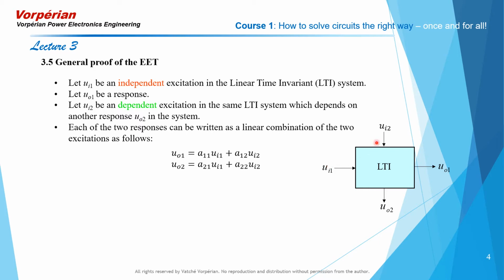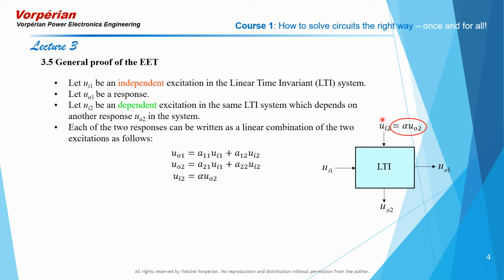Now we're going to convert the second excitation being applied to the circuit to a dependent excitation or a dependent source. And we write an equation for that indicating that input 2 depends on the second response with a gain alpha. And we show that on the circuit diagram.